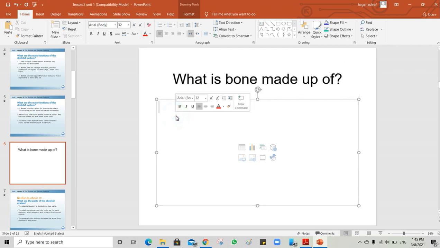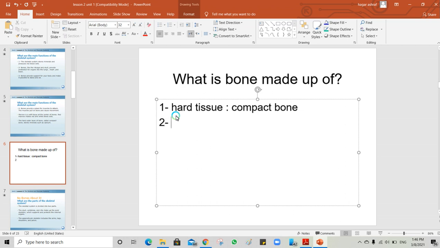Any bone should contain hard tissue, which is called what, teacher? Compact bone. Okay, this is the first layer. Another part is blood vessels. The third is spongy tissue.